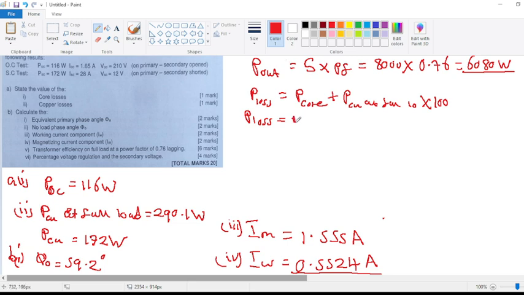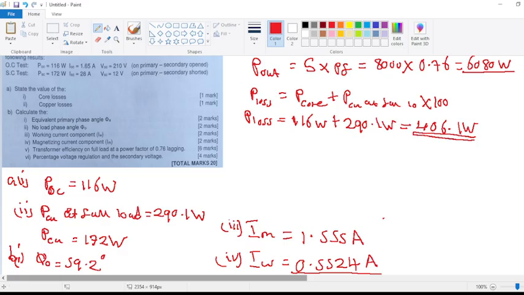Plus the copper losses at full load calculated to be 290.1 watts. If you add 116 plus 290.1, we're going to have 406.1 watts. So this here is the total loss.